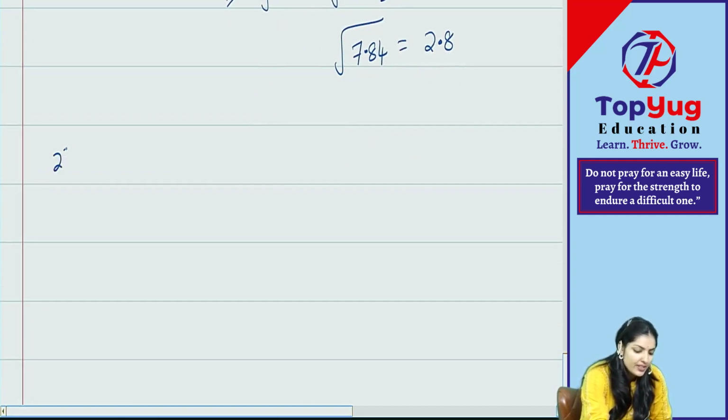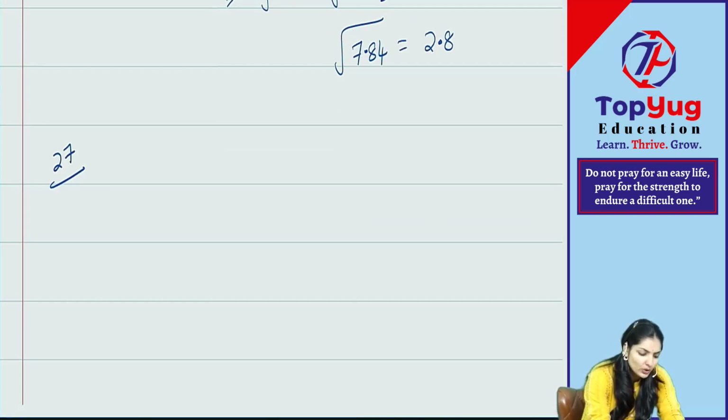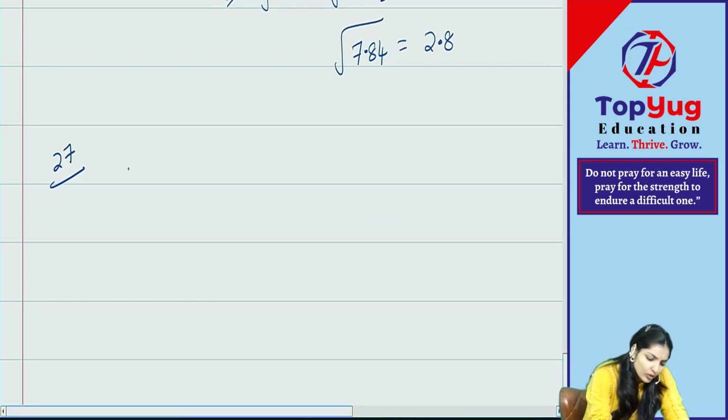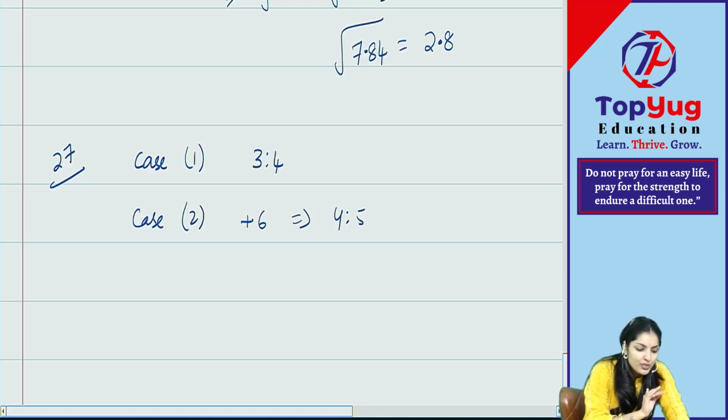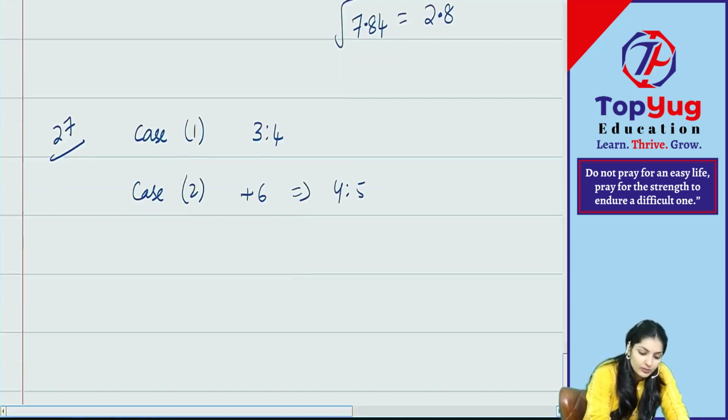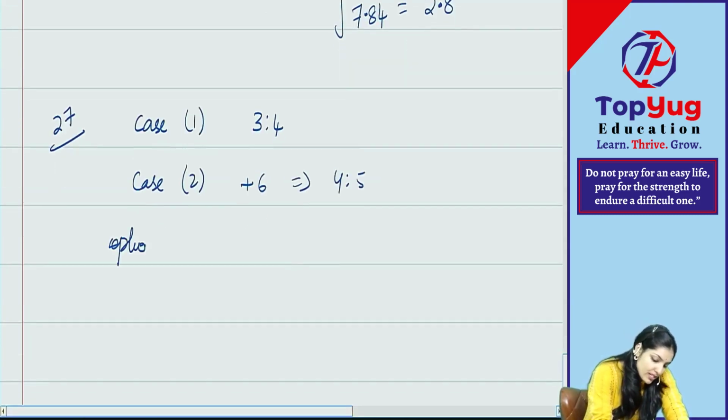So 27th one, the question here: two numbers are in the ratio 3:4. So option A, 14 and 20, is it in the ratio 3:4? No. Case 1 is 3:4. Case 2 is you have to add 6 and then you will have the ratio 4:5. So option A wrong, option B wrong, option C is the right option.